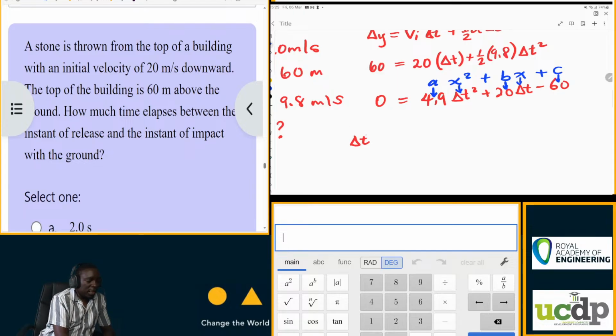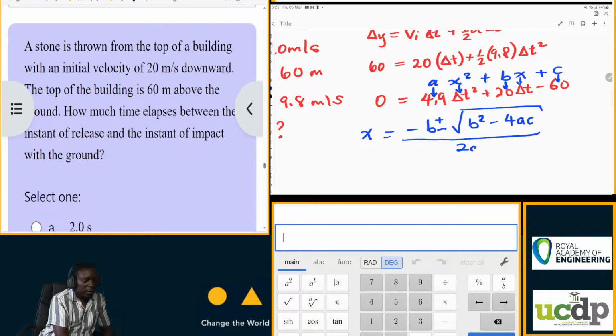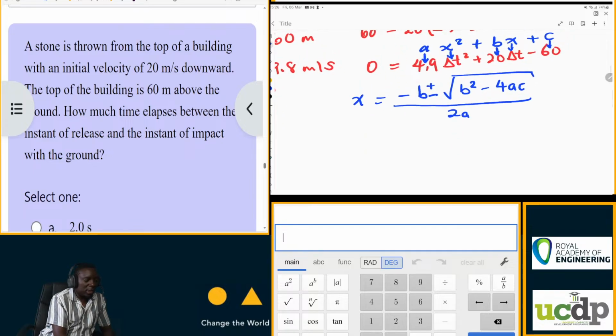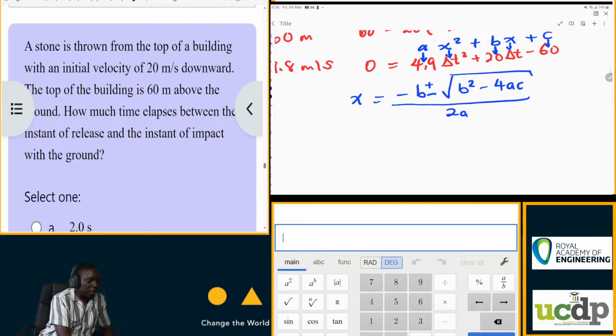To find x, the quadratic formula requires that x will be equal to negative b plus or minus the square root of b squared minus 4ac, everything over 2a. That's your quadratic formula. This is a beautiful equation. It works magic.